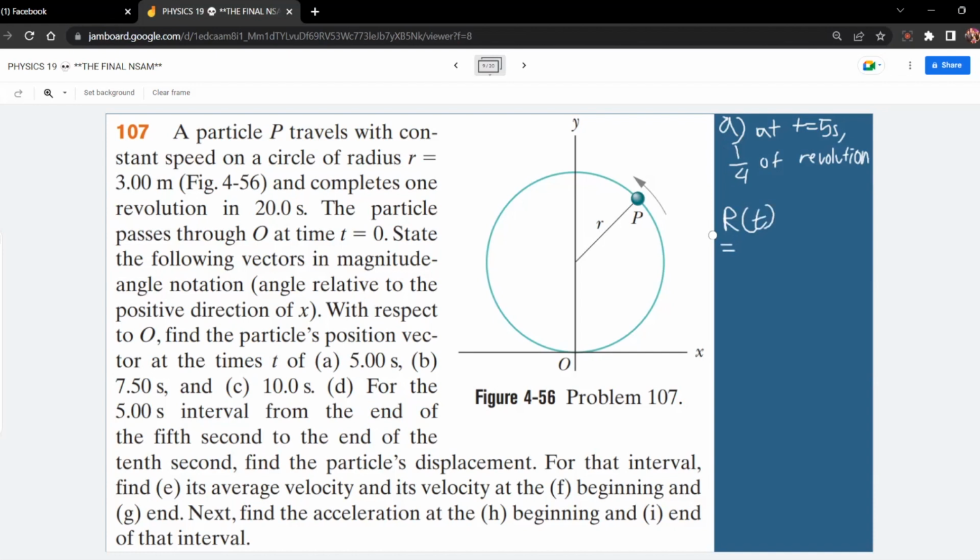So, okay, R of t is going to be a vector. So that's the position vector of the particle. So 3 meter j hat plus small r of t.